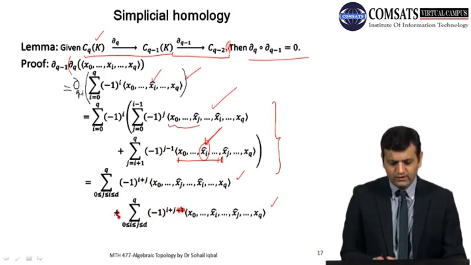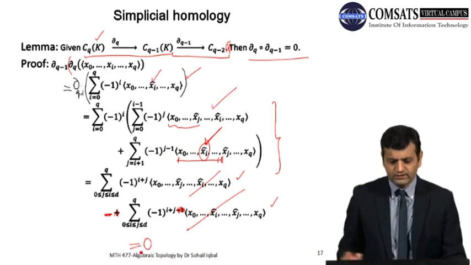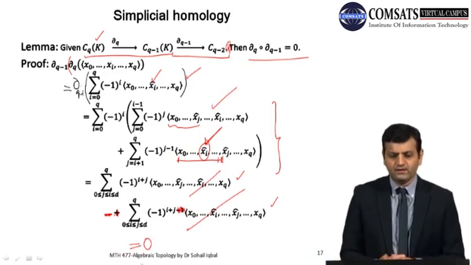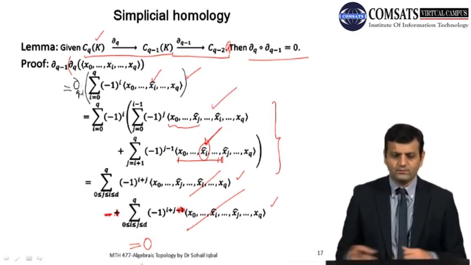If I remove the minus 1 from the exponent, it becomes minus this thing. So these two expressions cancel out and we get 0, because i and j are just dummy variables. In short, we have proved that the composition of any two consecutive boundary maps is 0.